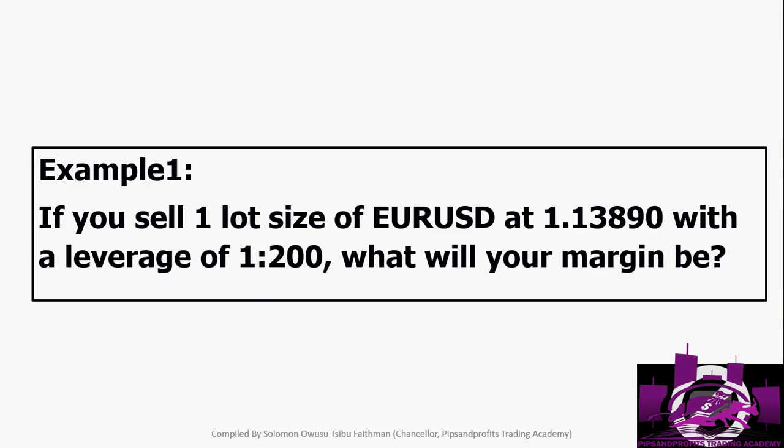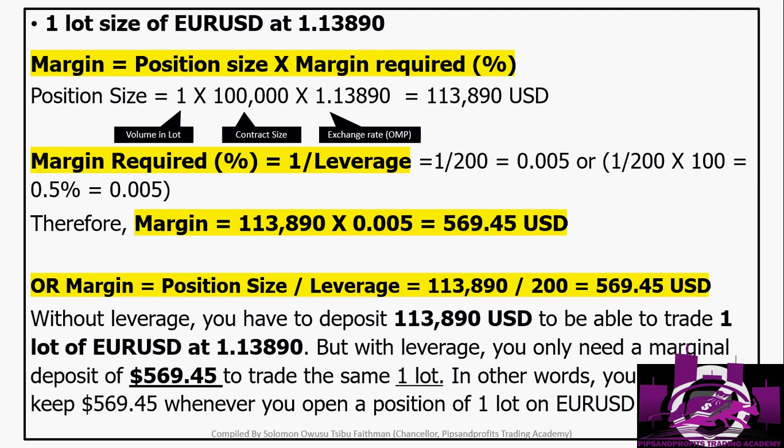And then we went through examples. So for instance, if you sell one lot size of EUR/USD at this particular price level with a leverage of 1:200, we ask ourselves, what will our margin be? We said that if we are buying one lot size of EUR/USD at 1.13890, our margin is going to be our position size times margin required.